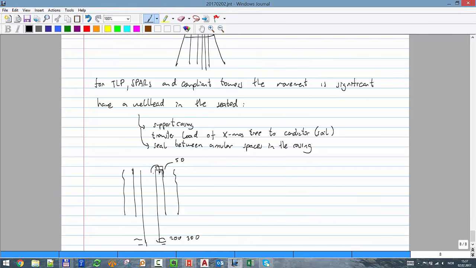So in the case where you have that much movement, let's say this is the seabed, here you have your well, and most of the casing hangers are located in the seabed.